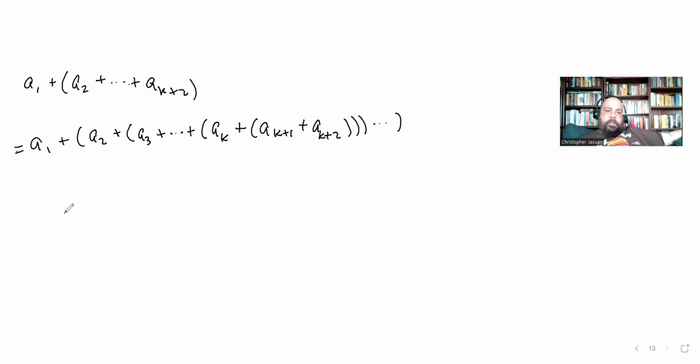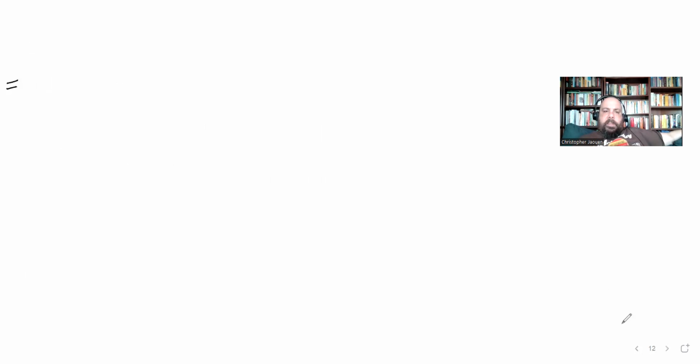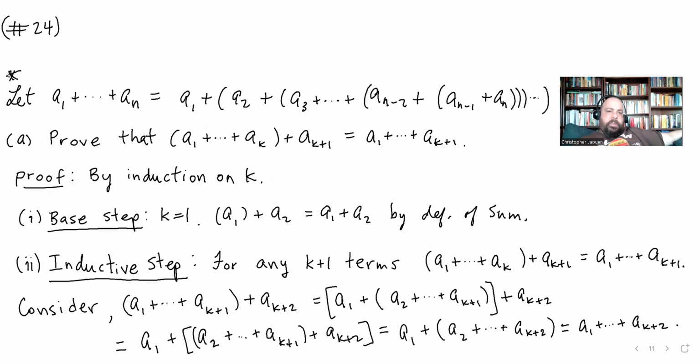All right, and this is the same thing as A1 plus AK plus 2. And that is the proof by induction. So in this last bunch of equalities, I'm using the fact that he gave us up here, this thing that I starred. All right, so that proves part A.